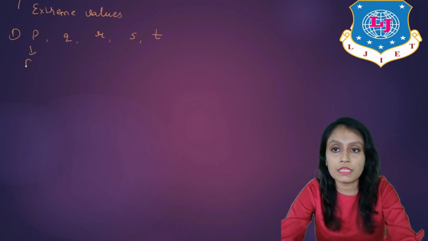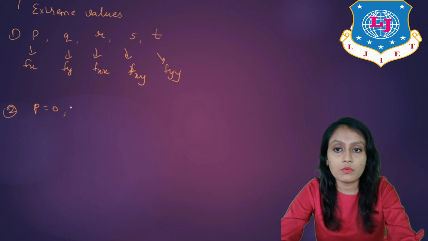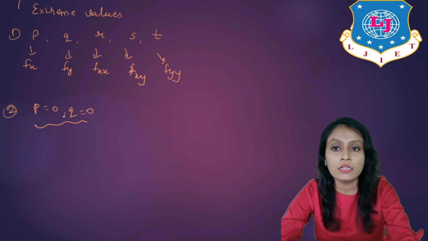What is p? p is fx, q is fy, r is fxx, s is fxy and t is fyy. So first we have to solve this. Next we have to equate p equals 0 and q equals 0. On equating you will get two equations and on solving them you will get points. These points are stationary points.